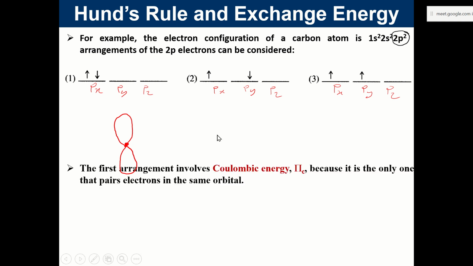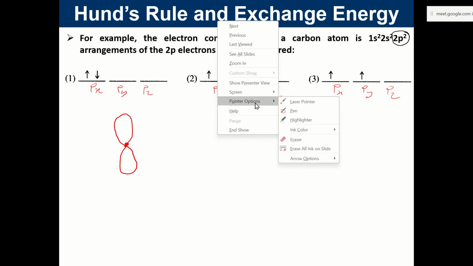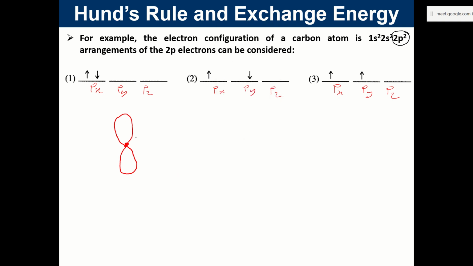Okay, so just एक मिनट sorry. So this is my p. So we have two orbitals. This is my py and this is my px.